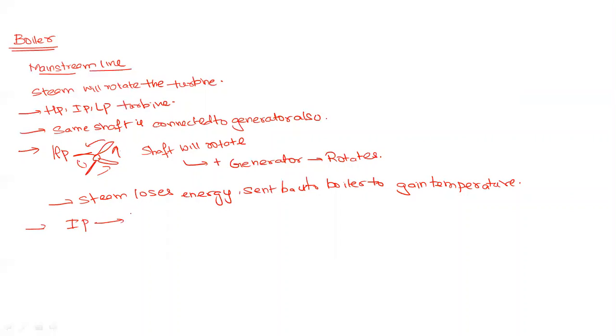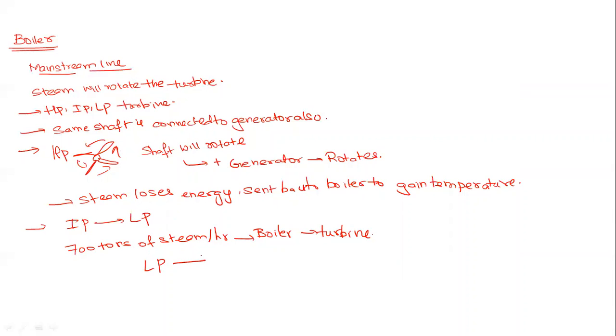So 700 tons of steam per hour is generated in the boiler and transported to the turbine. When the steam is dumped from the LP turbine to the condenser, the steam at a pressure of 1 kg and temperature of 140 degrees is dumped into the condenser, wherein 13,000 water tubes are arranged.